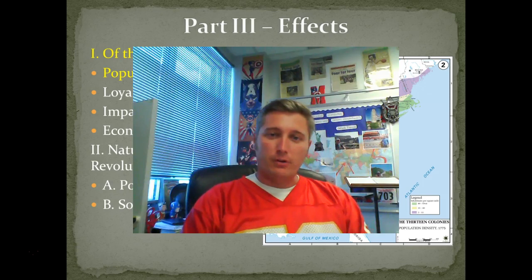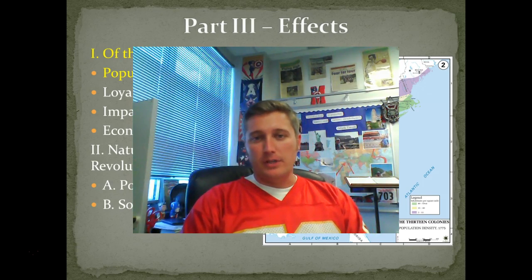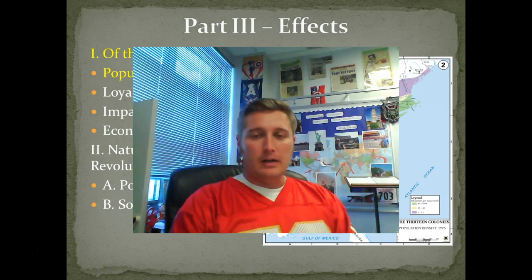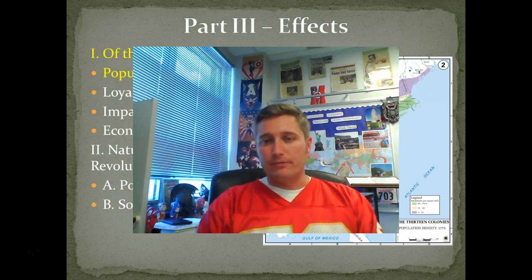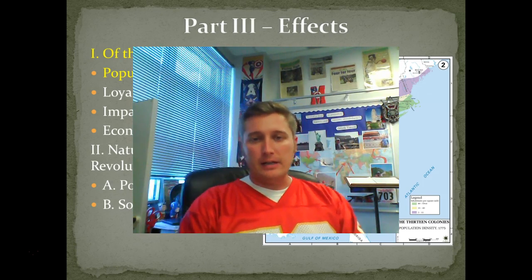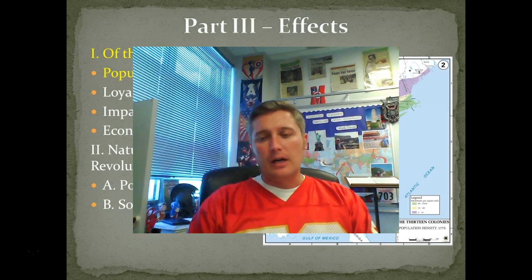But we are going to start wrapping up the American Revolution unit for IB history, and we're starting today with the third part, and we're taking a look at the overall effects of the American Revolution, what effects they had on the population, the people that lived through it.